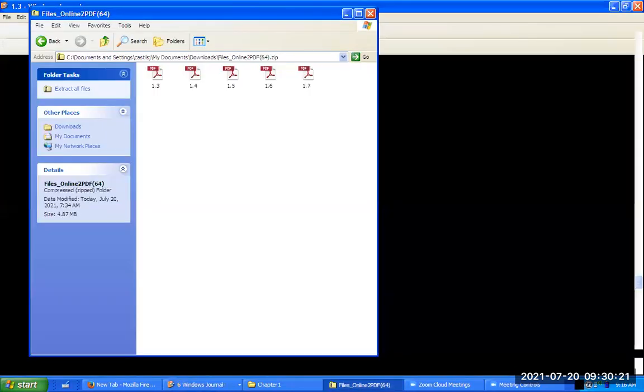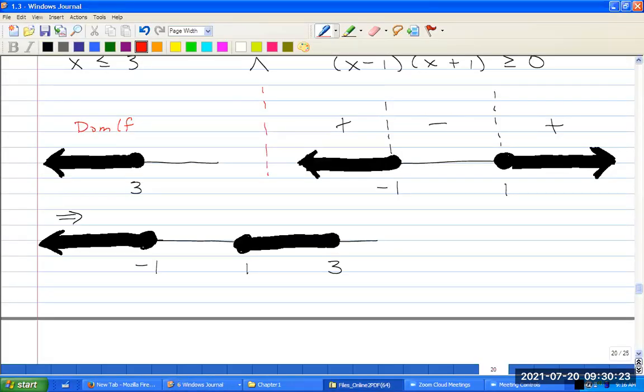This was the domain of g. This is the domain of f intersect the domain of g.